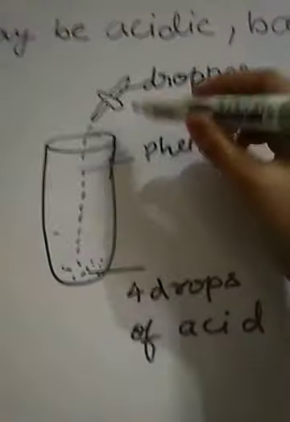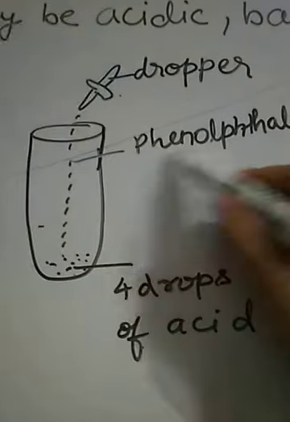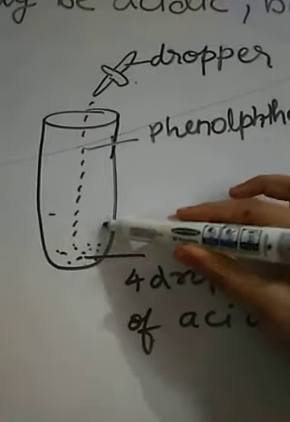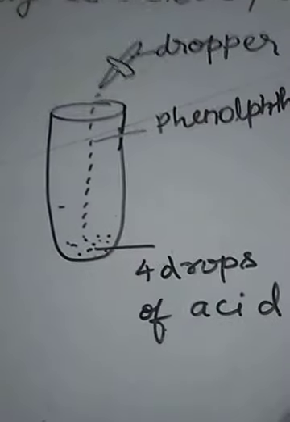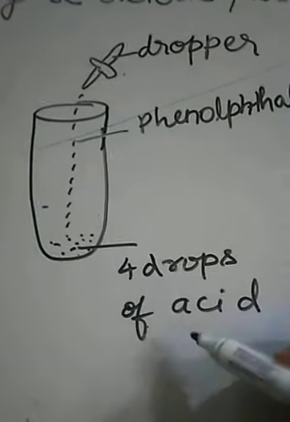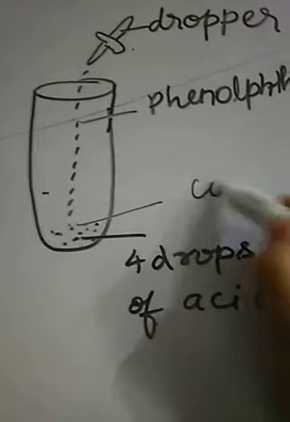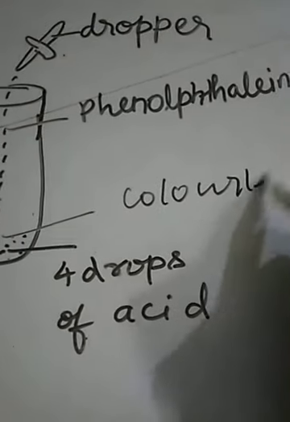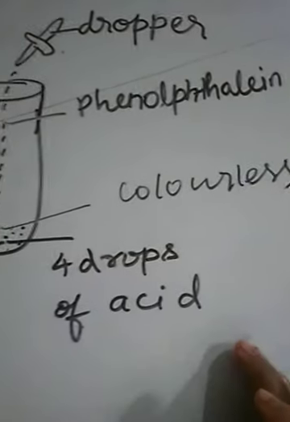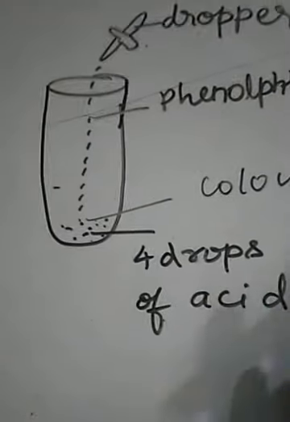Okay, and with the help of a dropper, add a few drops of phenolphthalein indicator in it. Children, as you all know, when phenolphthalein is added to an acid solution, the solution becomes colorless, means there is no change in the color.